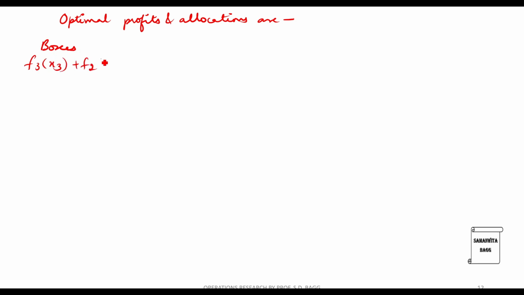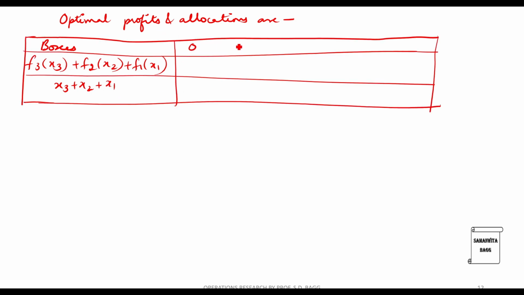So I'll write down the optimal profits and allocations. We'll have boxes, F3x3 plus F2x2 plus F1x1 and finally x3 plus x2 plus x1 in that order.